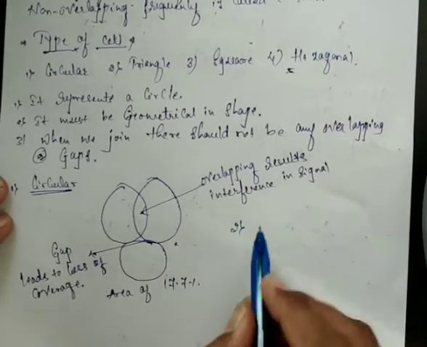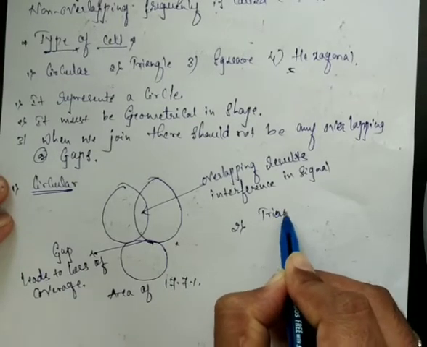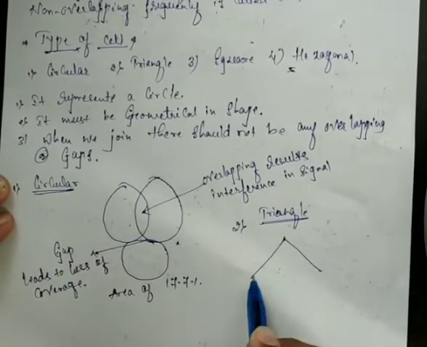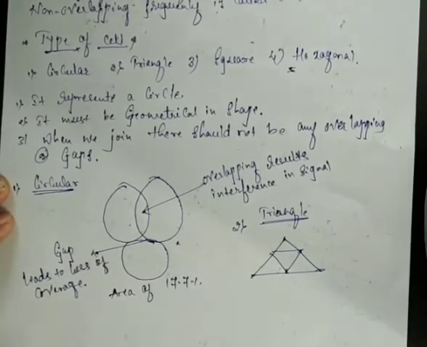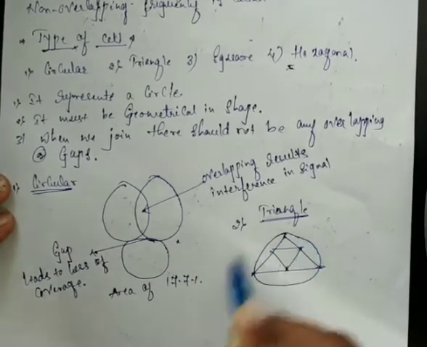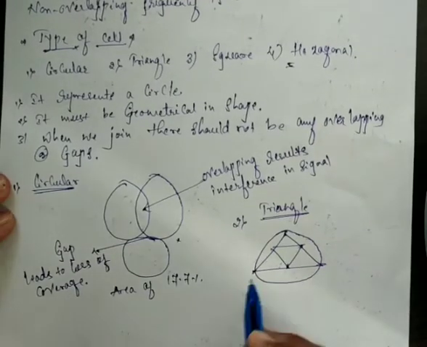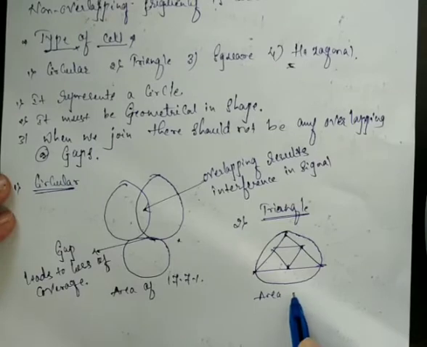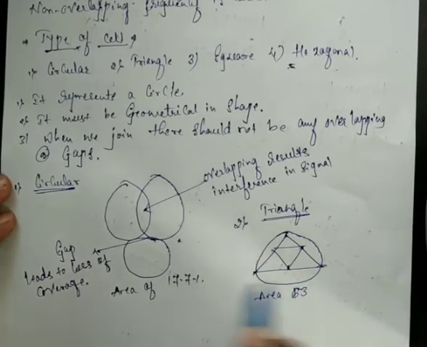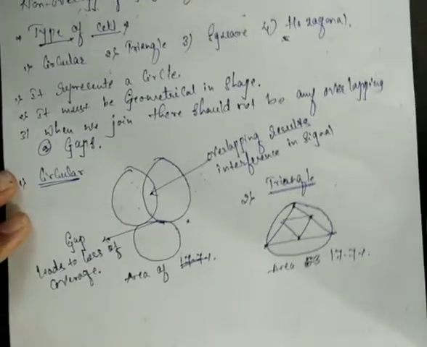And second, the triangle. You have to draw this triangle, and it also represents a circle. There are no gaps and no overlapping in this, but it will cover an area of, sorry, 17.7%, that is of the triangle.